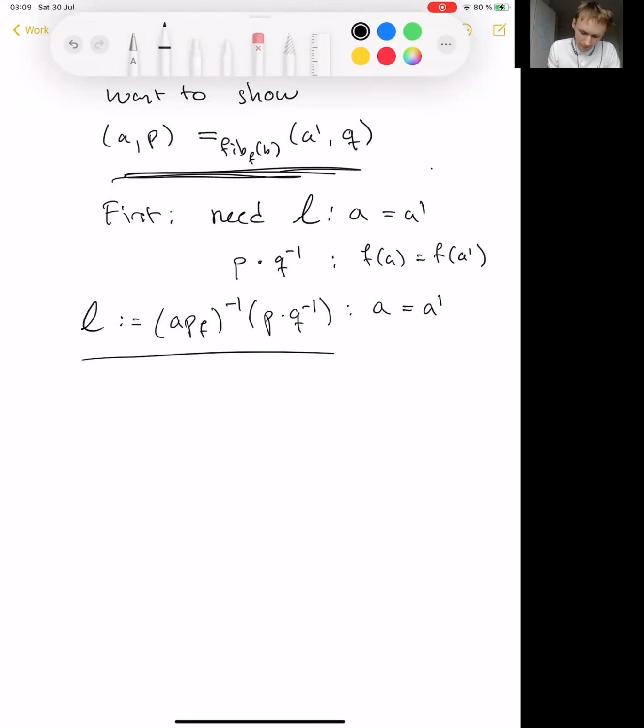But we need to prove that if we transport over this type along L, if we transport P along this type, then we get Q. That's what we need to prove.